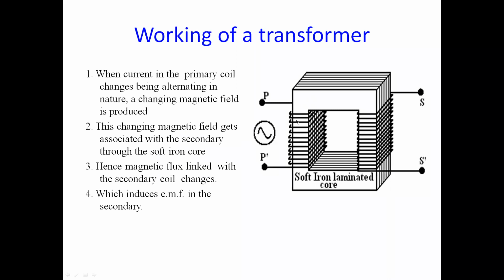Then this flux is linked with the secondary, so there is a mutually induced EMF in the secondary. When the current in the primary coil changes, being alternating in nature, a changing magnetic field is set up in the core. Due to this rate of change of flux with primary as well as secondary, there is an induced EMF in the secondary, mutually.